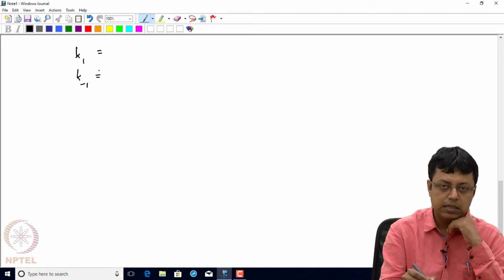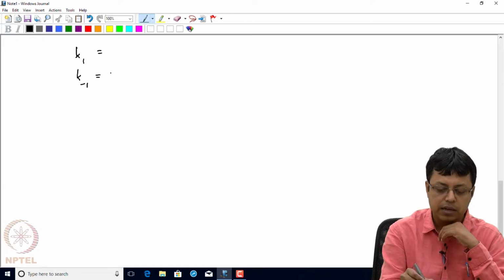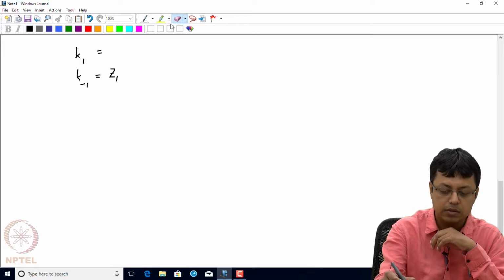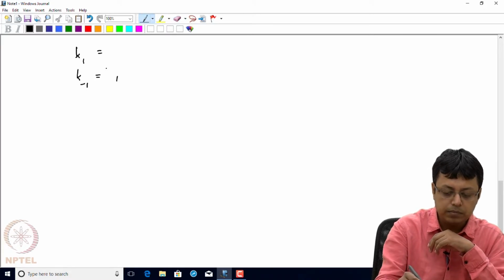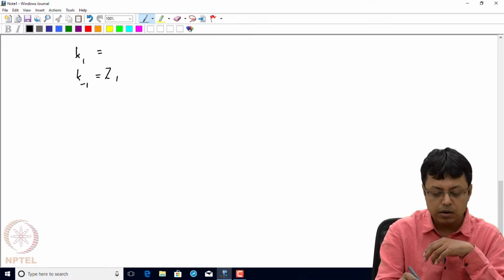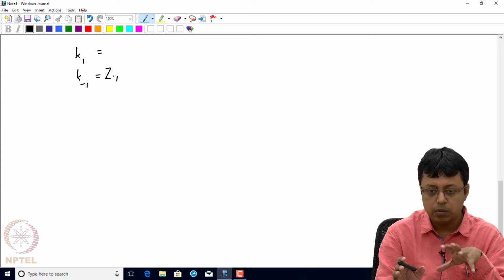So I can say that this deactivation rate is nothing but the collision frequency itself. I am writing it as Z1 in the sense that this 1 denotes the collision between the same type of molecules, but it's not necessary that we have to write it as Z1.